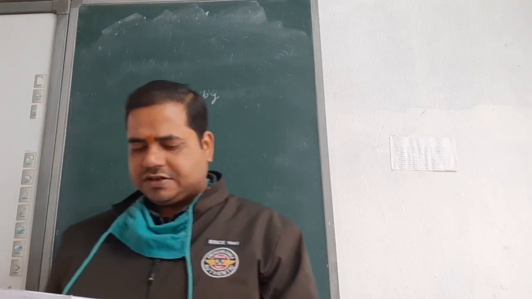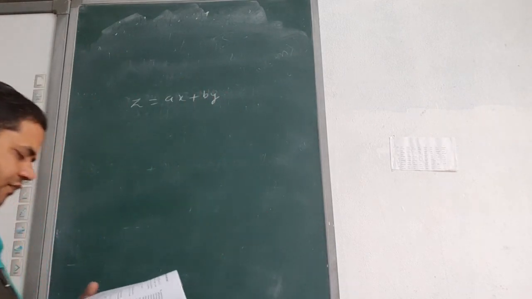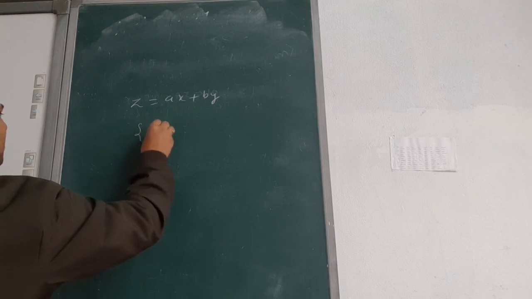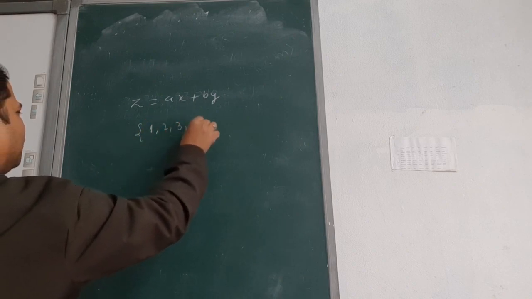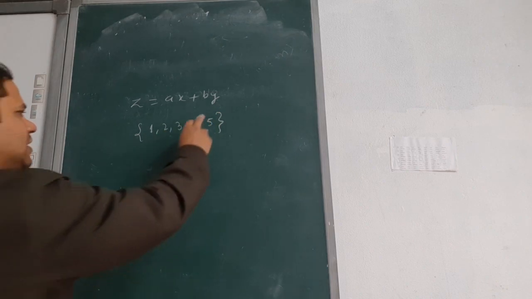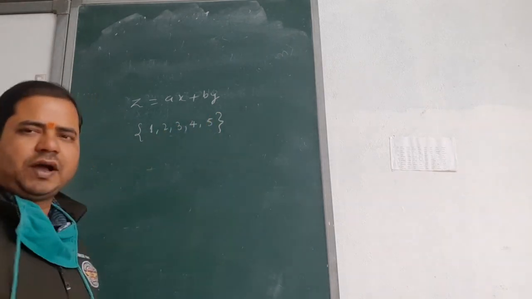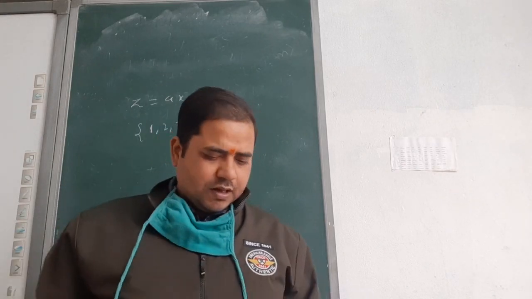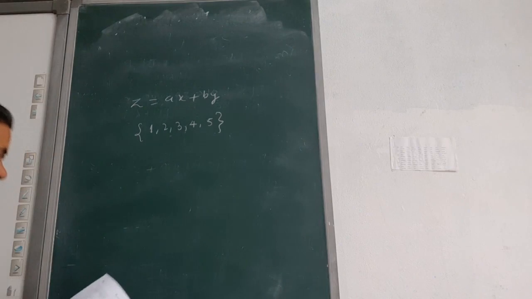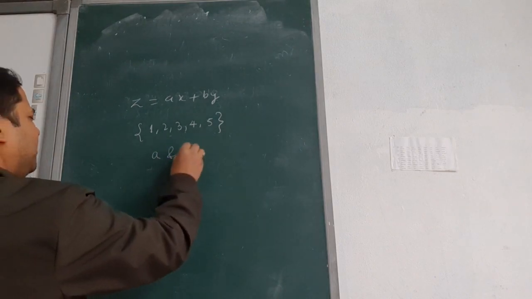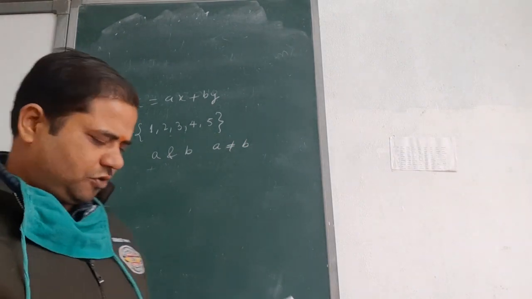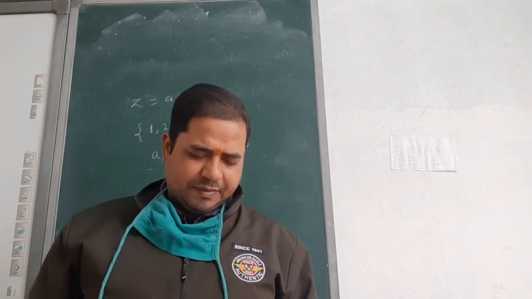Question number 9. From the set 1 2 3 4 5, two numbers a and b, a does not equal b, are chosen at random.